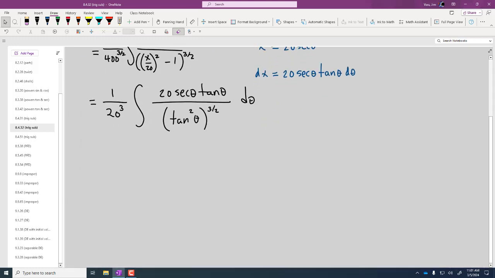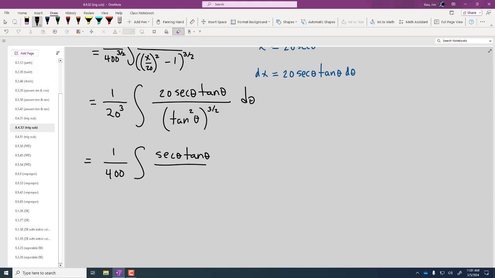Okay. So 1 over 400 in front, one of the 20s cancels. And then what does this denominator simplify to? Tangent to the third power. Everyone okay with that? You multiply the exponents, power to power, multiply.